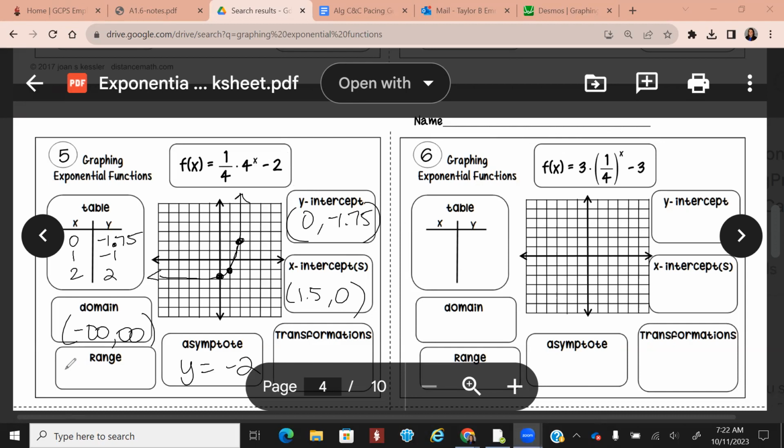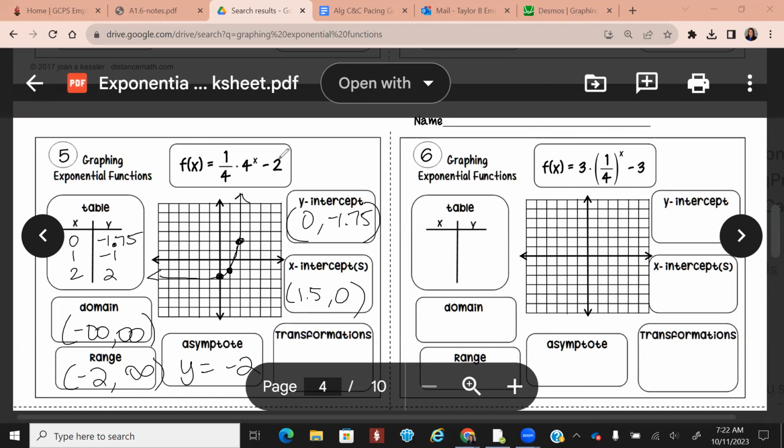What's our range then? Negative 2 to positive infinity. Normally your range is going to be bounded by your horizontal asymptote.